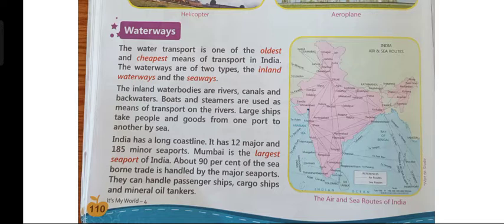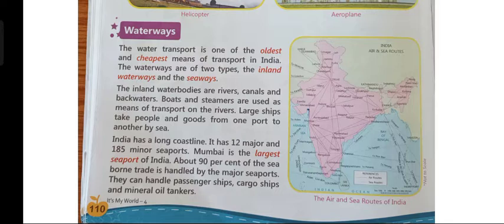So, children, India has a very long coastline. It has 12 major and 185 minor or small seaports. Now, Mumbai is the largest seaport of India. So, which is the largest seaport of India? The answer will be Mumbai.